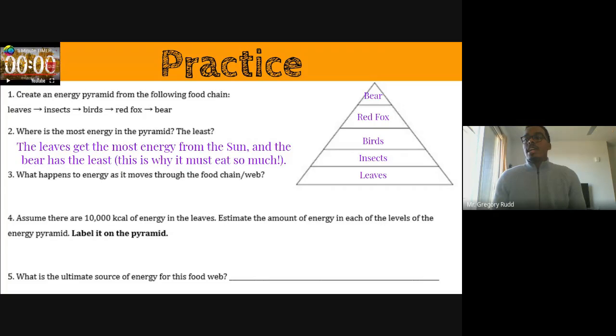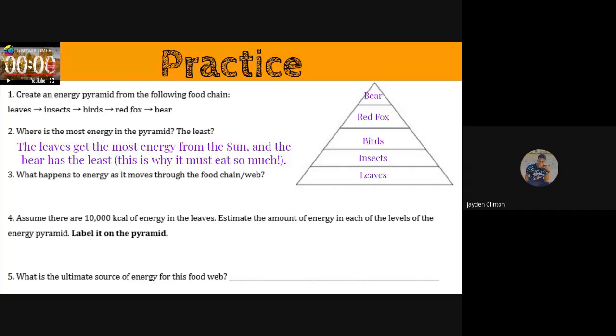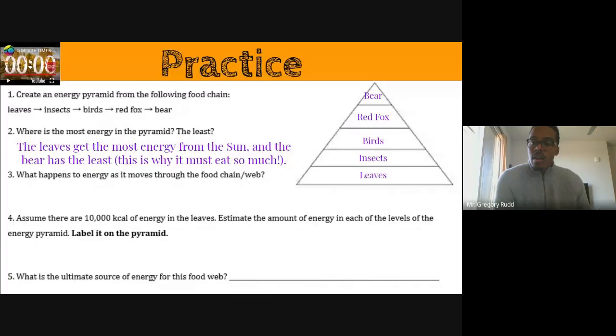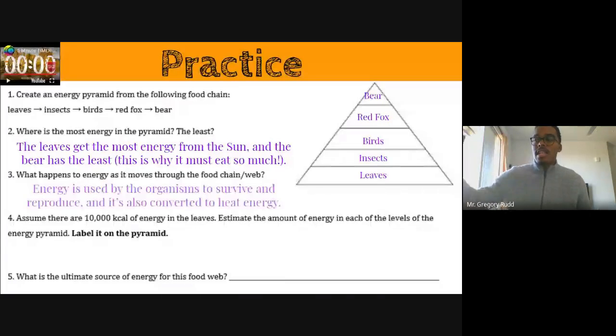What happens to energy as it moves through the food chain or through the food web? What's happening to the energy? It's getting passed down or something like that. Okay, so some of the energy is really lost through heat. It's converted to heat energy.